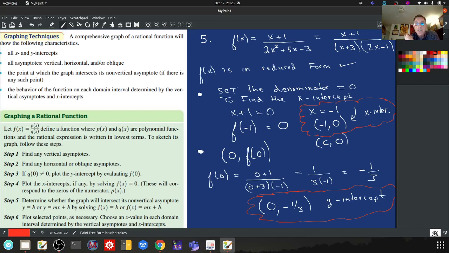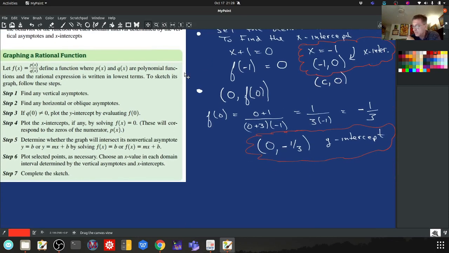It's Saturday night, people. So the degree of the numerator is less than the degree of the denominator. So what does that tell us? That tells us we have a horizontal asymptote at y is equal to 0.